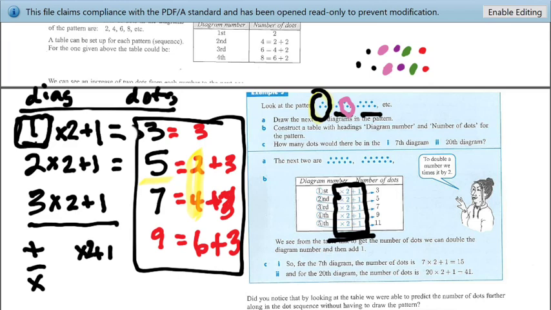Multiplying by 2. So instead of knowing which diagram number we have here, I can just say, did it matter what number this was? Did we still get our pattern? Yes. No matter what number you have, that pattern is going to hold true.